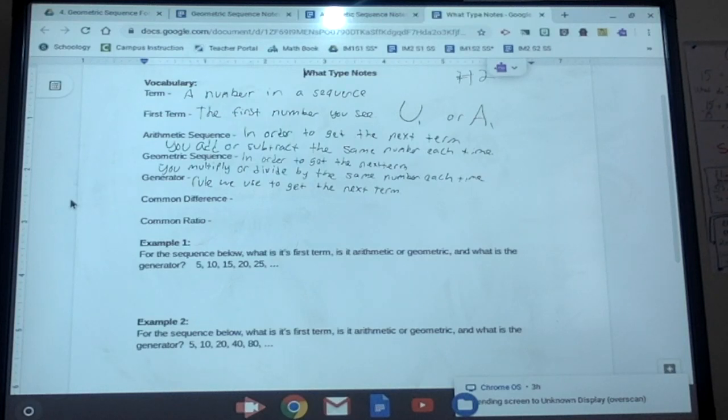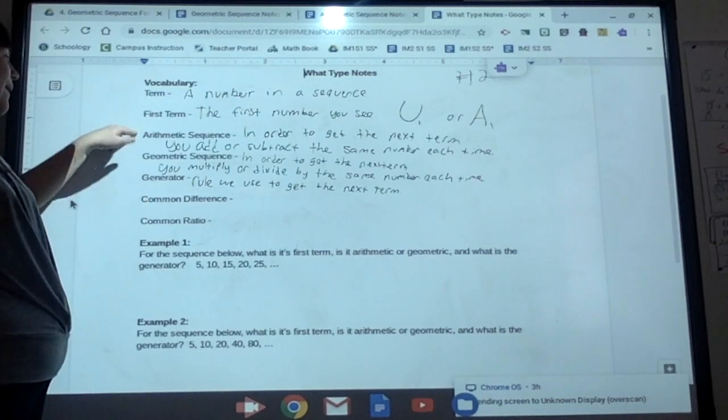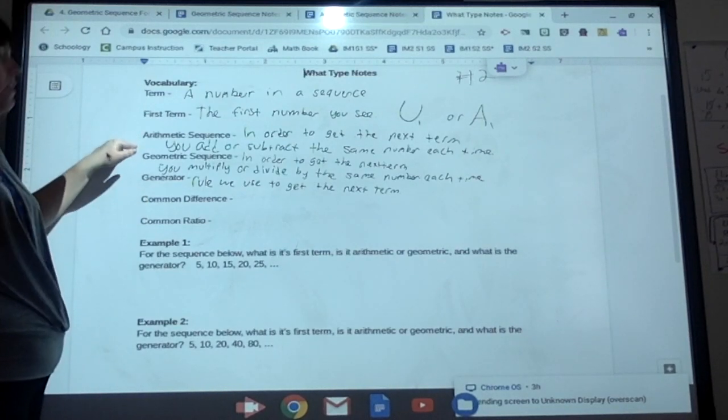You have 2 types of generators. You can have a common difference. Difference is how far the numbers are apart, which is what happens when you're adding or subtracting. So common differences are for arithmetic sequences.